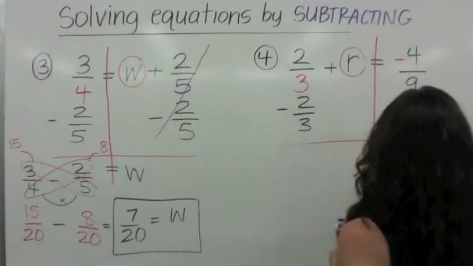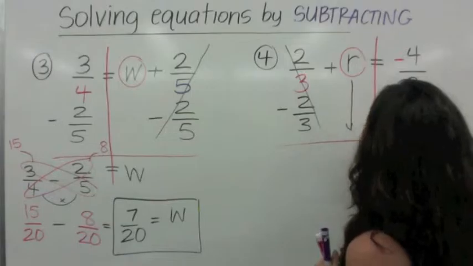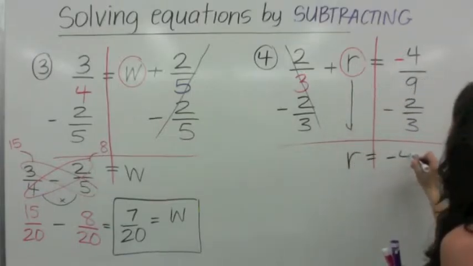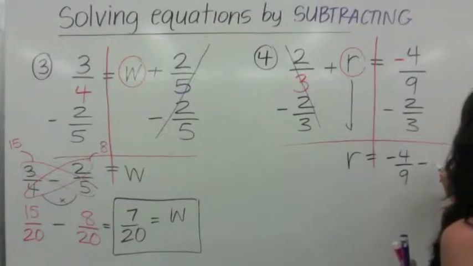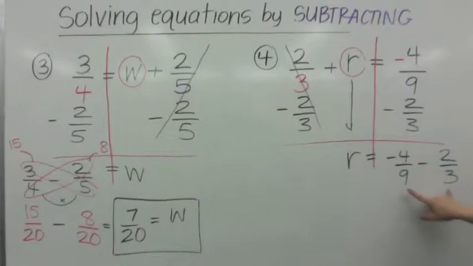Okay. 2/3 minus 2/3 is 0. Bring down r. Now let's take a look at what this says. It says negative 4/9 minus 2/3. Okay, so if you want to use the butterfly method, you could. But 9 and 3, it's very simple.